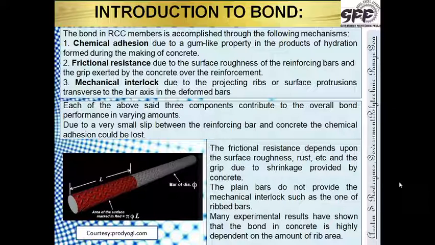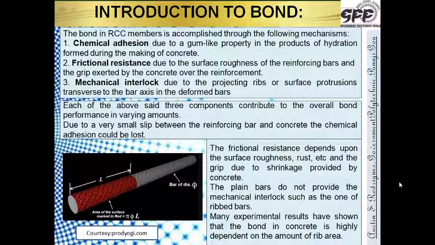Now this space, which is tight and compact, doesn't allow the bar to move out, due to the property of friction. So even due to loading, if the bar tends to move out, if the bar tries to bend and slip out, the friction created by these materials like sand, cement, aggregate, all that joined together forming concrete, creates resistance along with the surface roughness of the reinforcing bars. The reinforcing bars have their own surface roughness and this does not allow the bar to slip. So this also is a mechanism of bond.